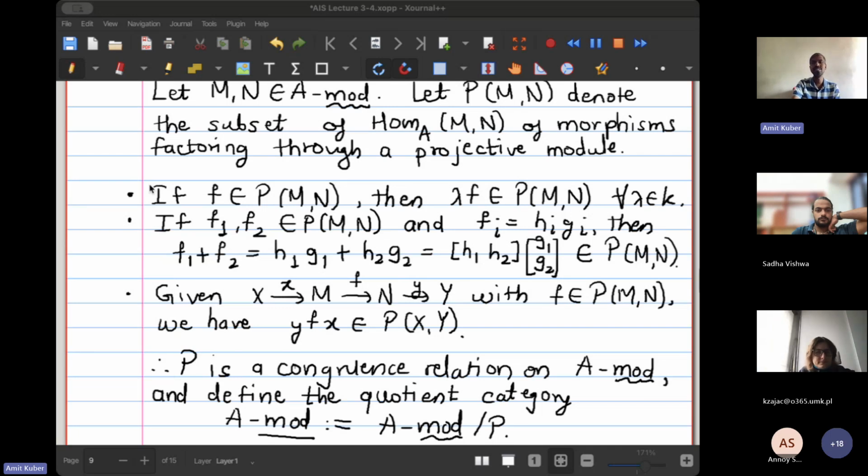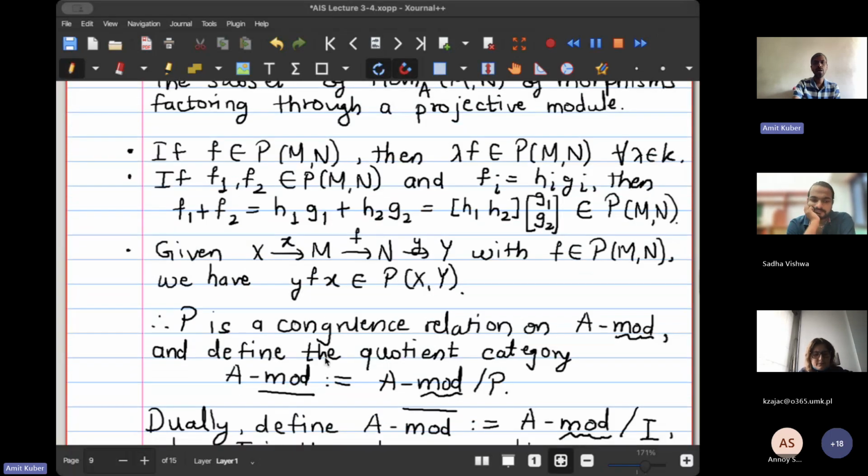The first two are just there because we are talking about additive categories. Otherwise, the third one is really the definition of a congruence relation. And we can take this quotient of the module category by P and we obtain this A mod, where I have underlined mod. So this is the projectively stable category.